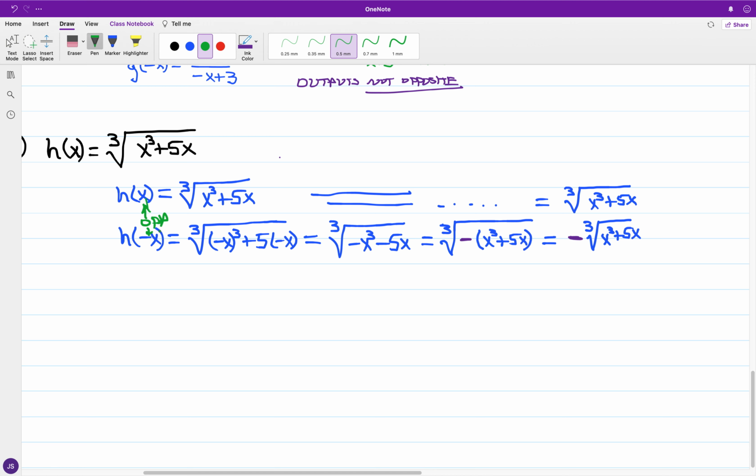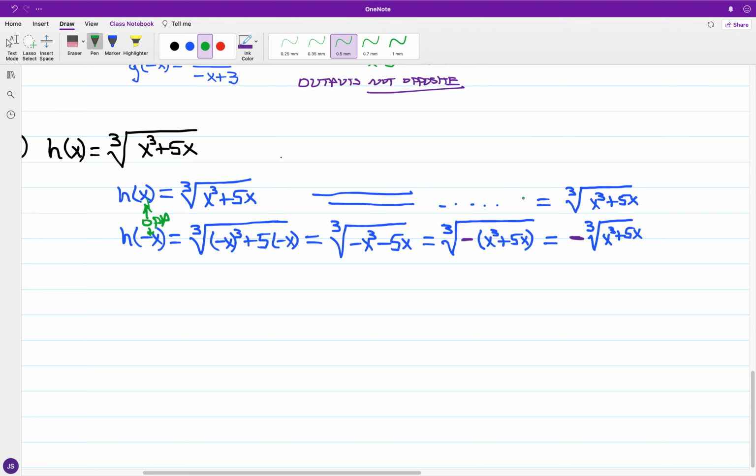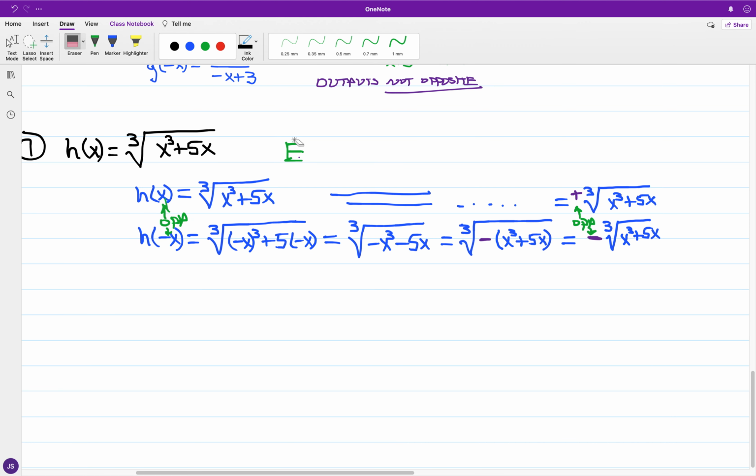And in the case of the outputs, you can look at this as where you have a positive cubic root of x cubed plus 5x, and the other we have a negative. And since we have opposite signs here, it's going to result that for this function h of x equals the cubic root of x cubed plus 5x, that is not an even function, but an odd function.